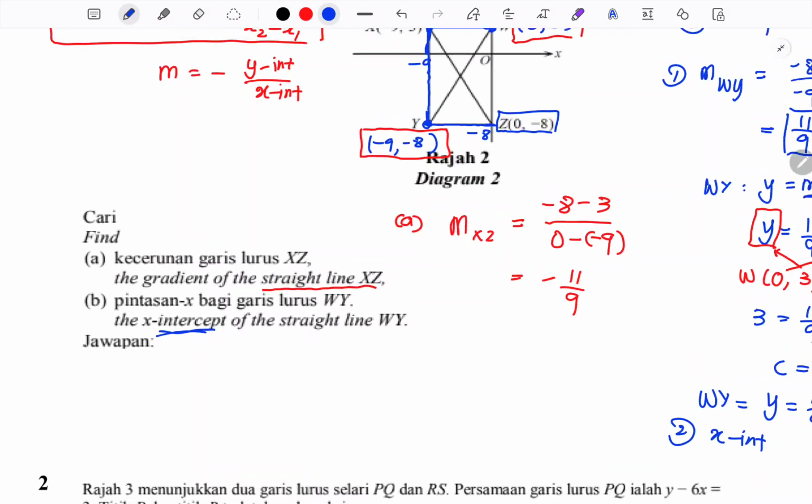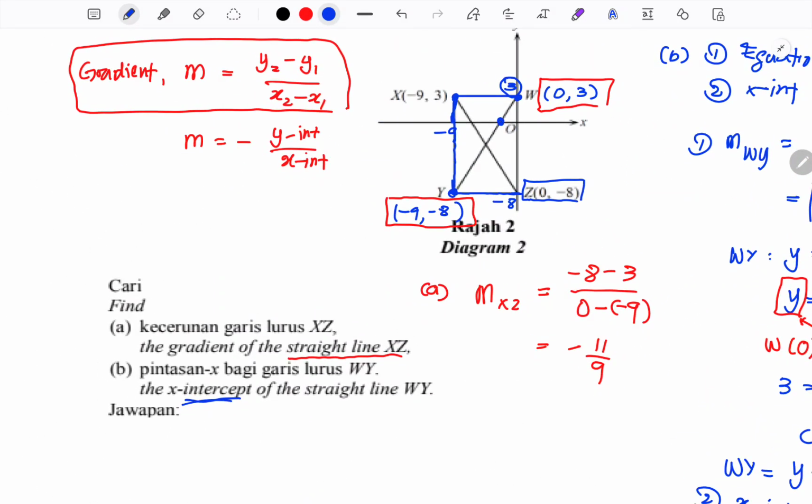The x-intercept is this point here, where WY cuts the x-axis, so that's why it's called the x-intercept. At the x-intercept, the value of the y coordinate is 0. So what you need to find is the value of x here.